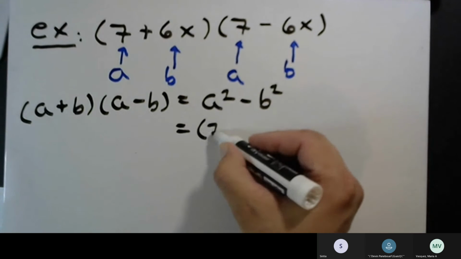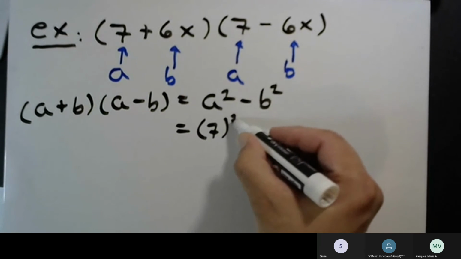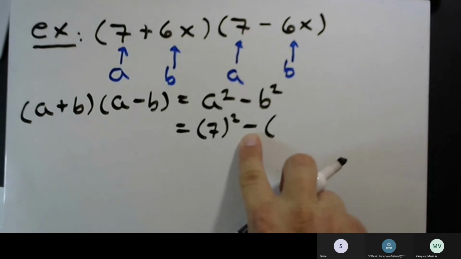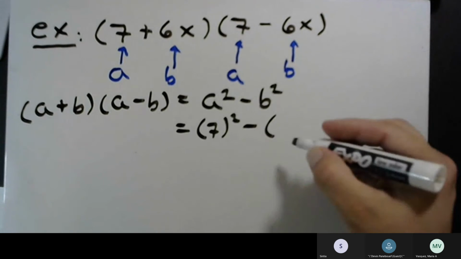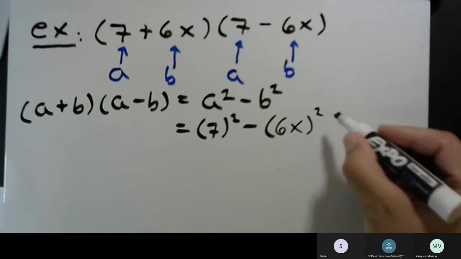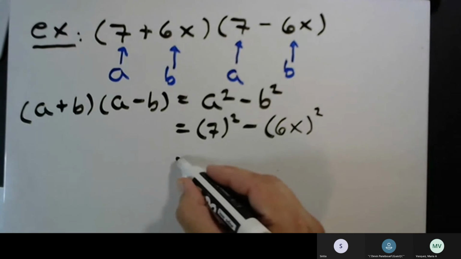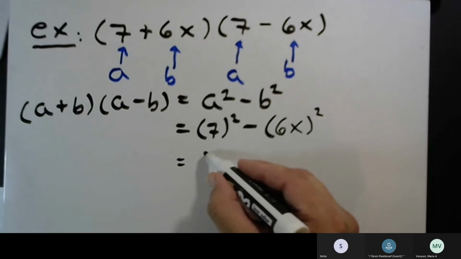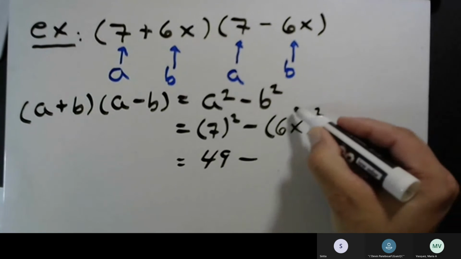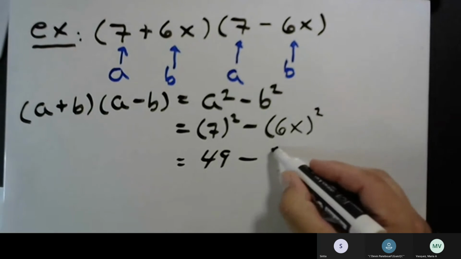So this will be 7 squared minus, and again, the minus gets carried for us into the formula, 6x squared. 7 squared is 49. And we're going to distribute this 2 as an exponent.